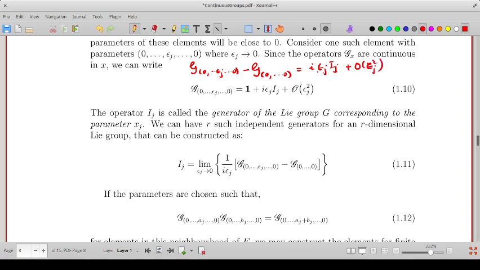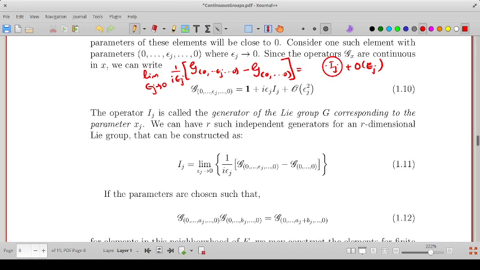And if I divide it by i epsilon_j, I will get 1 by i epsilon_j of G(0, epsilon_j, 0) minus G(0, 0, 0) equal to I_j divided by i epsilon_j. But then this term will be of the order of epsilon_j. Now take the limit epsilon_j tend to 0. Take the limit on the right hand side.